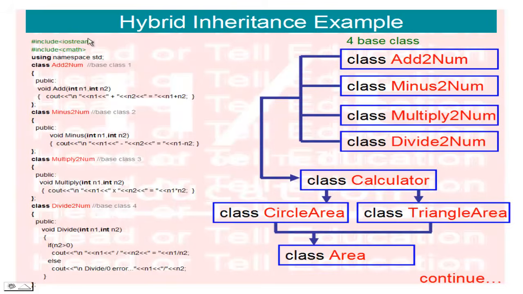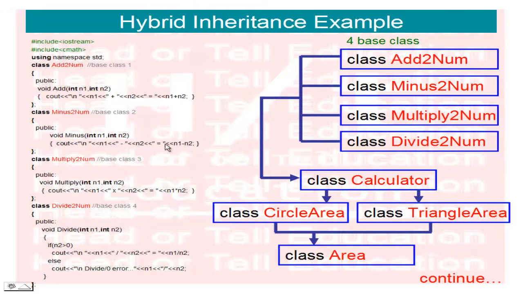First, include the header files and the namespace. The first class is add 2num, meaning two numbers we have to add. Create the class add 2num. The access specifier is public, so create one public function, void add, passing two integers, and the output prints the sum of both integers. Next, the same for class minus 2num: the public keyword, the function name is minus, and the output is n1 minus n2.